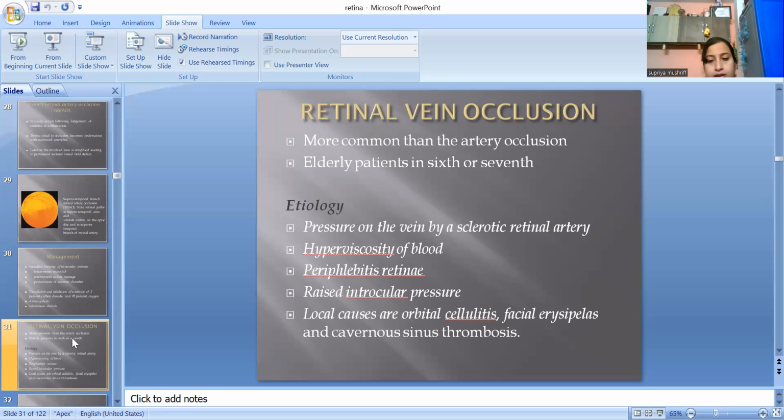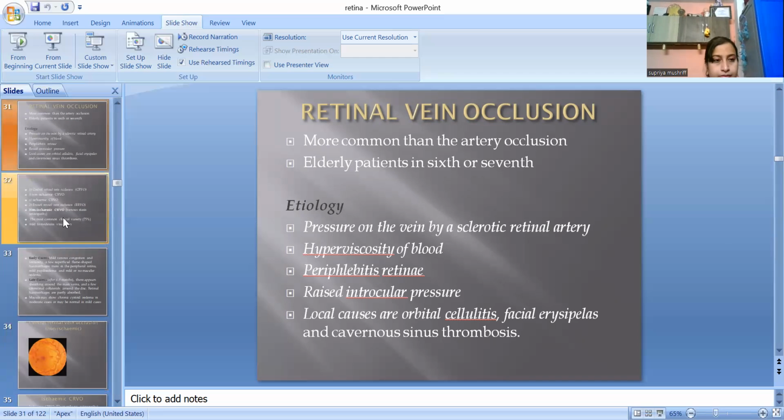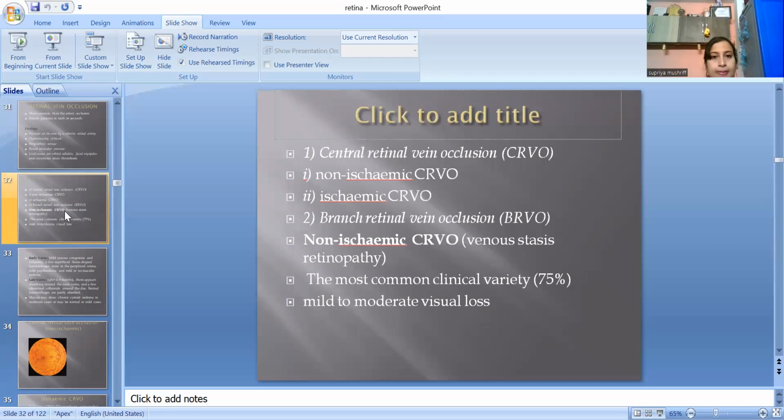Local causes are orbital cellulitis, facial erysipelas, and cavernous sinus thrombosis. Now, central retinal vein occlusion is again divided into ischemic central retinal vein occlusion and non-ischemic central retinal vein occlusion.